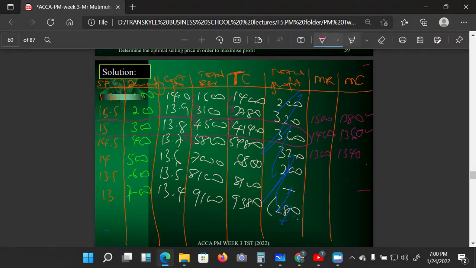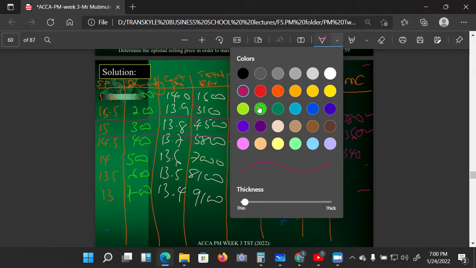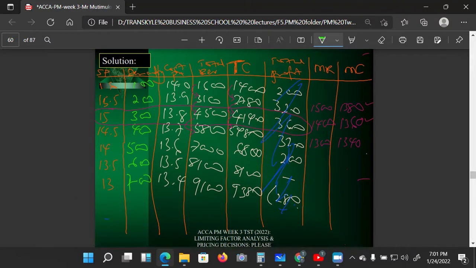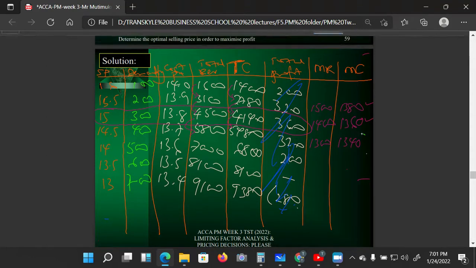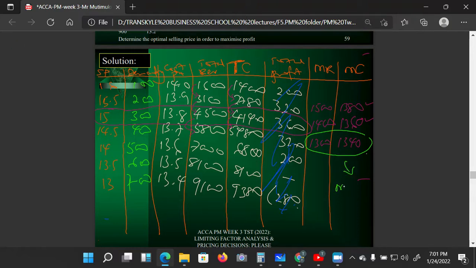Here we are sensing some disaster. We can see that the marginal cost is now larger than the marginal revenue. MR is lower than MC. This is a very dangerous situation.